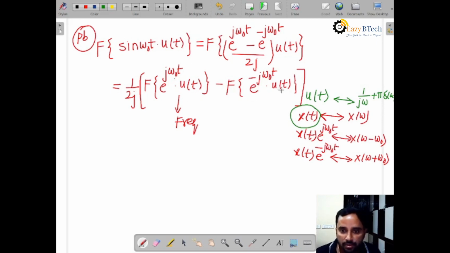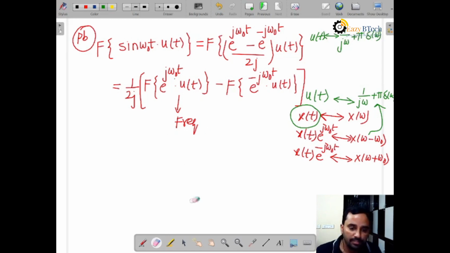When u of t is multiplied by e power minus j omega naught t, we get X of omega plus omega naught, wherever you have omega, omega plus omega naught. Understand? So I write here clearly, the Fourier transform of u of t is 1 by j omega plus pi delta of omega.